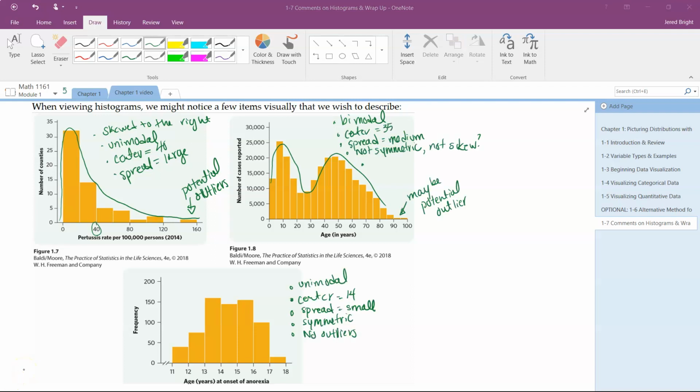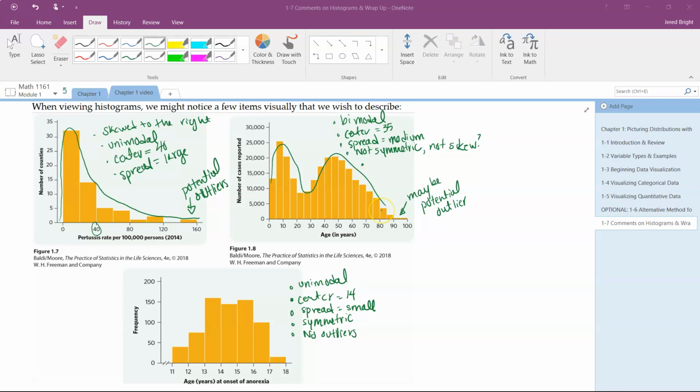So here's what I wrote down. Certainly, you could have different things and still be okay. So the one in the upper right: bimodal, center, I put it at about 35. Again, we can describe that more precisely next chapter. So if you have a rough idea, that's fine. Spread, I'd say it's kind of spread out, but not in a large or small way.